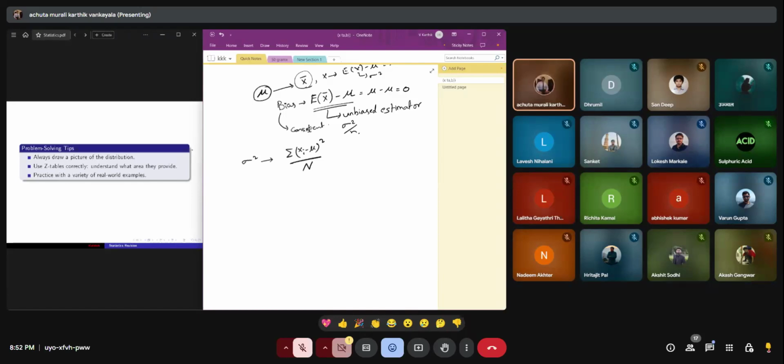For that matter, if you make use of the standard error of x bar, or standard error, what we do is we take this as the estimate for sigma square. Why do we do that? We do this so as to make this estimator unbiased.